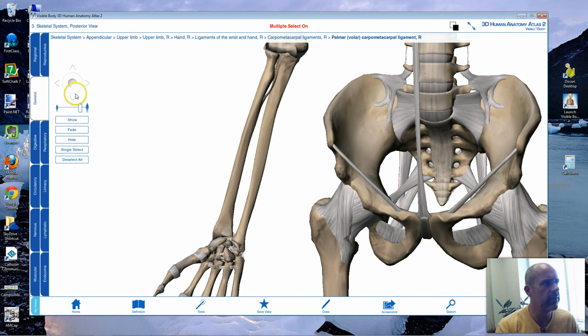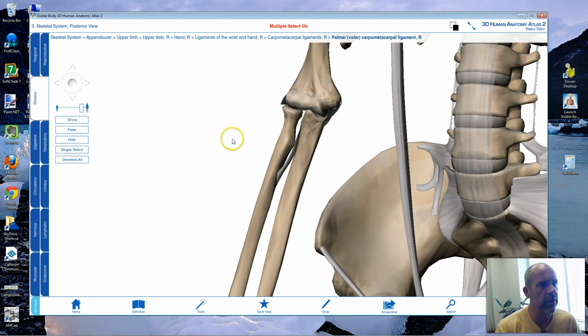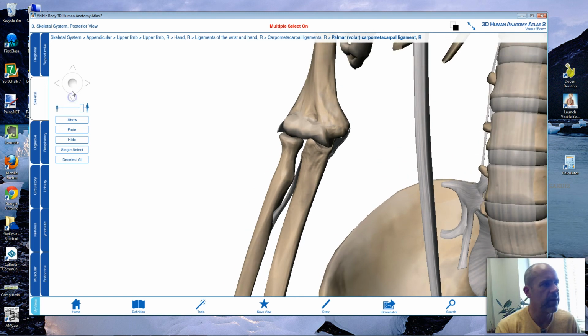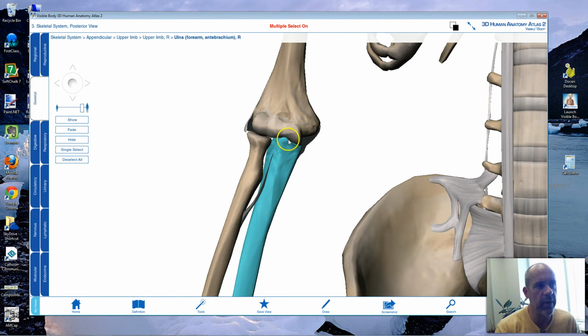All right, so the ulna, which we took a look at fairly extensively earlier, but here it is again. Again, it has this coronoid process, and that's going to rotate around the trochlea, that little groove there.